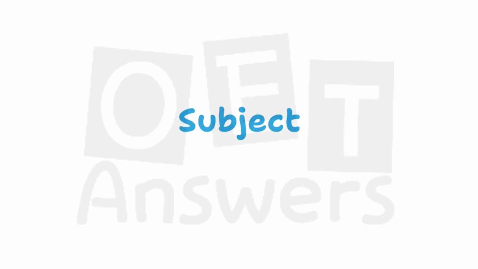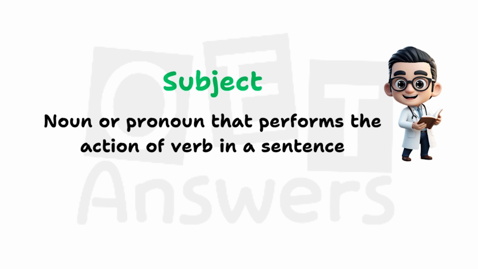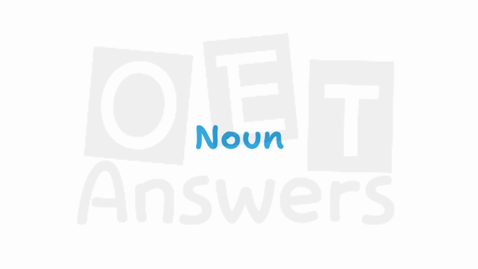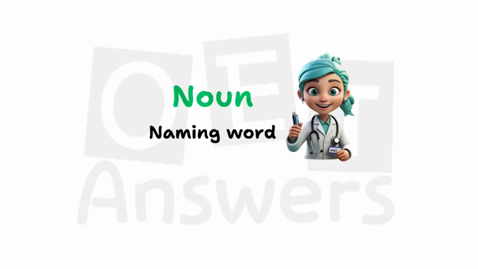First, let's see about the subject. A subject is a noun or pronoun which performs an action in a sentence. Then, what is a noun? A noun is a naming word. What are the naming words? Like college, school, family, mother, parents, dog. These are naming words, right?